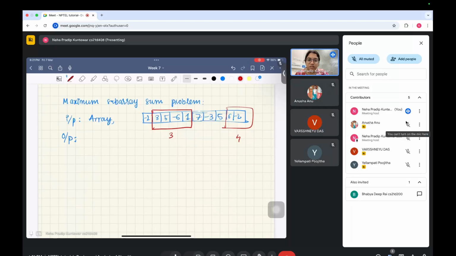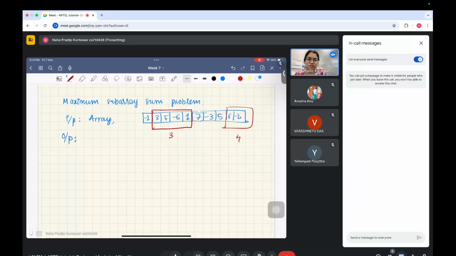So maybe just for this example, what is the maximum subarray sum that you can find? If you just trivially try out, right now we are not asking for a dynamic programming solution or anything. If you just try out, what do you get?